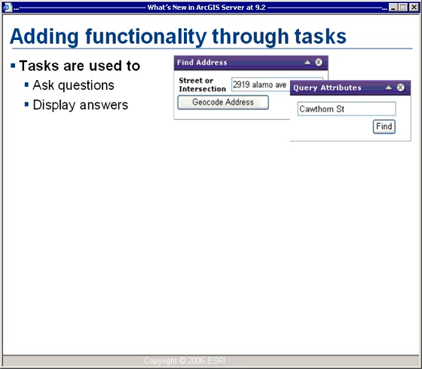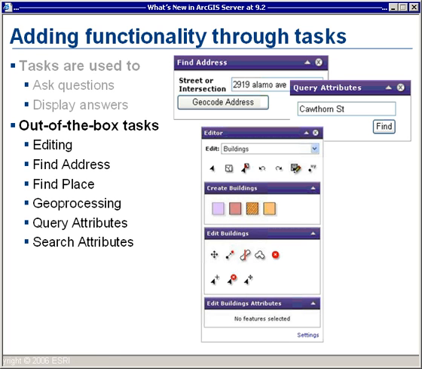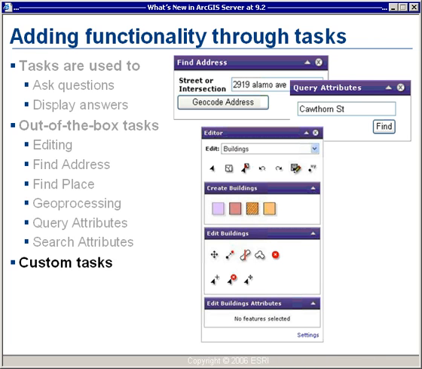The results of your query will then be returned to your application. ArcGIS Server comes with many out-of-the-box tasks that are available for you to use by configuring inside of Manager. Here's a list of some of the tasks that are available. If none of these tasks meet your needs, then you can extend your applications by creating and building custom tasks.